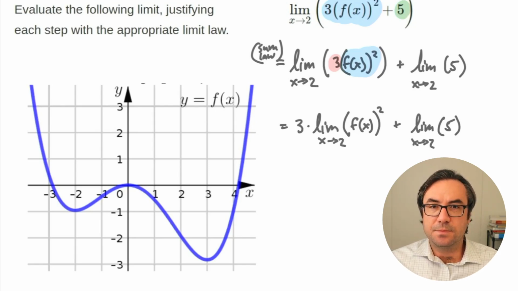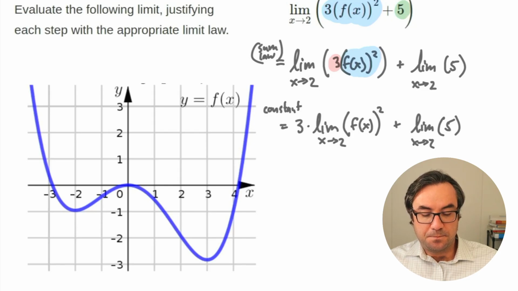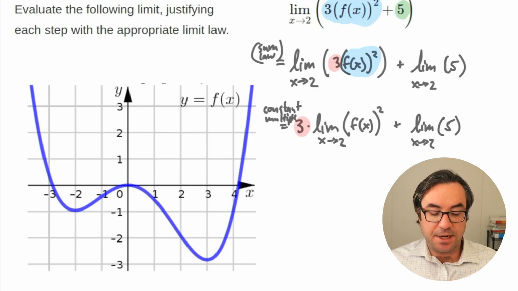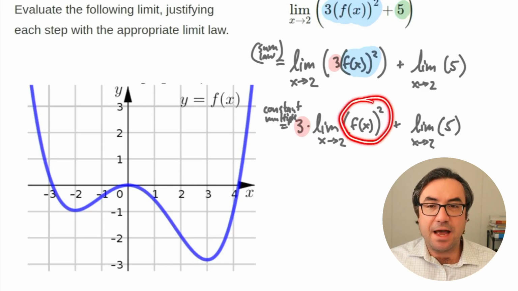Okay. So what law did we use there? That was our constant multiple. So what did we do? Essentially, we took that 3 that was a constant multiple, moved it out in front of the limit, and now we just have to do the limit of that f of x squared.